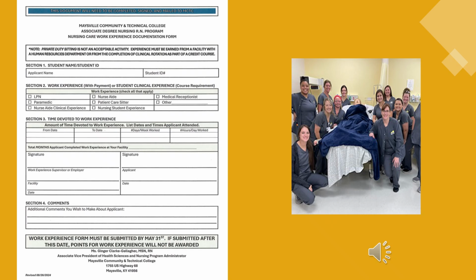So if you sign that, we will not take this and give you the 2 points if it has not been signed by the facility. We will check with the facility to make sure that this is accurate, and we also can give you 2 points for having military experience. So you just have to send in a copy of your military ID or proof that you were in the military.